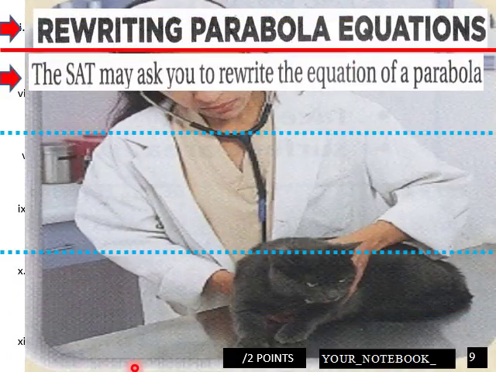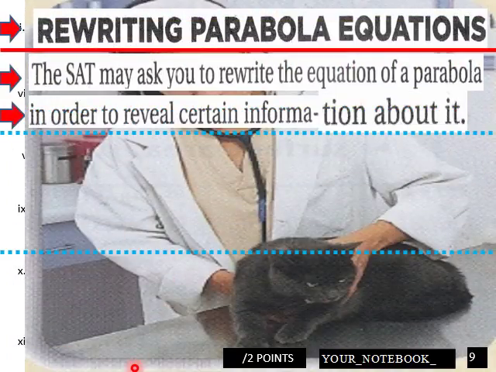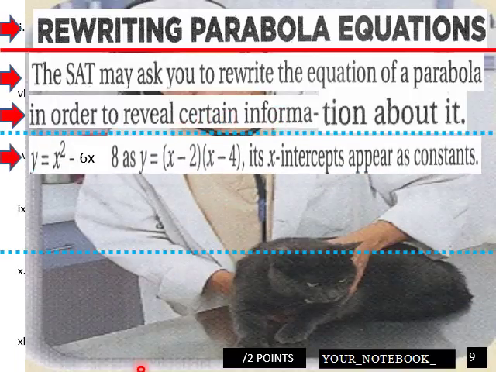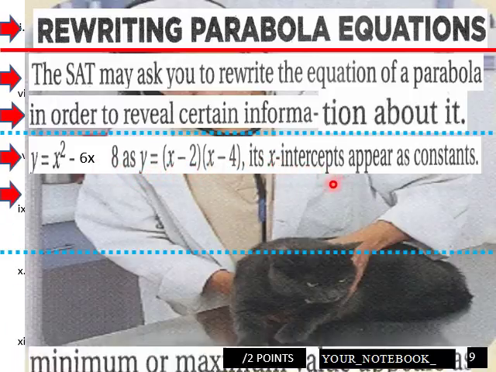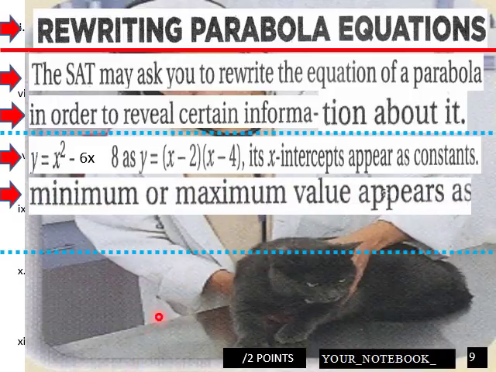Rewriting parabola equations. The SAT may ask you to rewrite the equation of a parabola in order to reveal certain information about it. So y equals x squared minus 6x plus 8 is y equals x minus 2 times x minus 4. Its x-intercepts appear as constants.